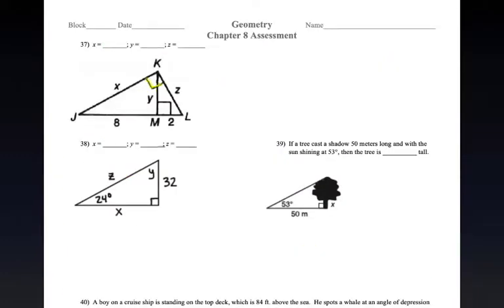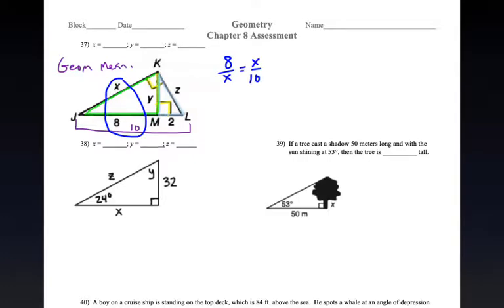All right, I see a right angle and a right triangle with an altitude. That's the geometric mean deal again. We will use the parts of the hypotenuse, 8 and 2, and the entire hypotenuse, 10, to solve for x, the leg of the big triangle, y, the altitude of the big triangle, and z, the other leg. x shares a triangle with 8 and with 10, the big triangle, so it's the geometric mean between 8 and 10.